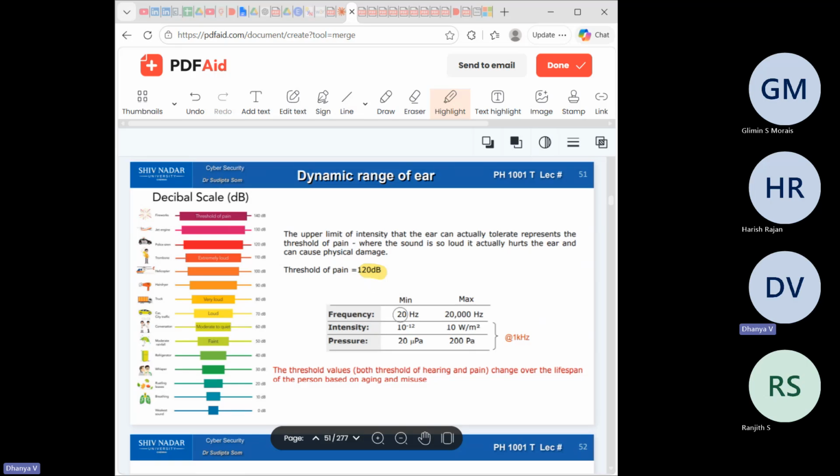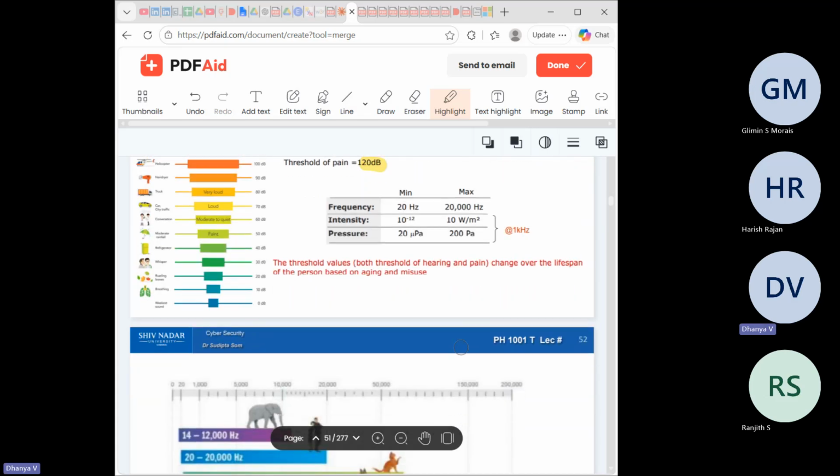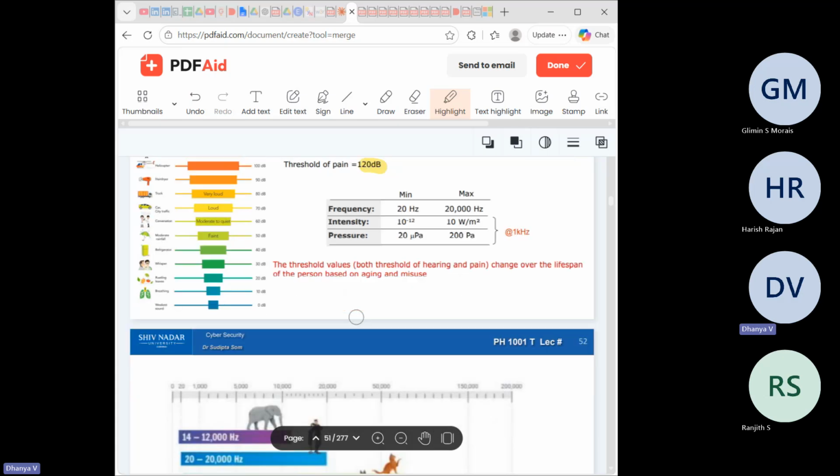Frequency, the minimum is 20 Hz to 20 kilohertz, infrasonic to ultrasonic. Intensity is 10 to the power minus 12, we saw the minimum, and the maximum is 1. Pressure is 20 micropascal to 200 pascal. Okay. So the threshold values change over the lifespan based on aging and misuse. I remember them asking this as a one-line 2-marker.